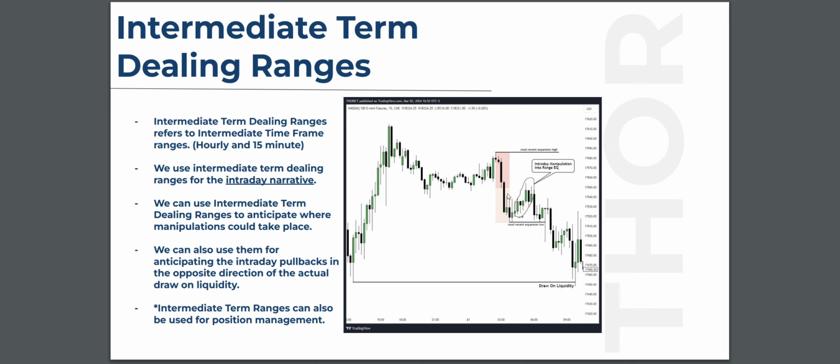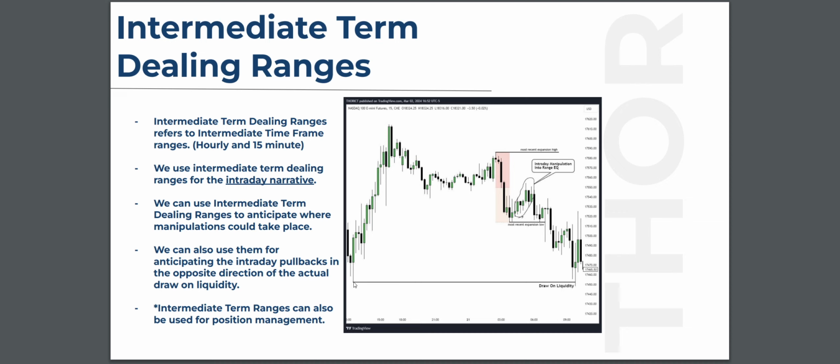In that dealing range, there's a fair value gap in the discount area, and another one in the upper portion, meaning the premium area. Now, how you can use this information is, if you're bearish in this case, I annotated the draw on liquidity as this low. That might be a higher time frame point of interest or whatever the case is.